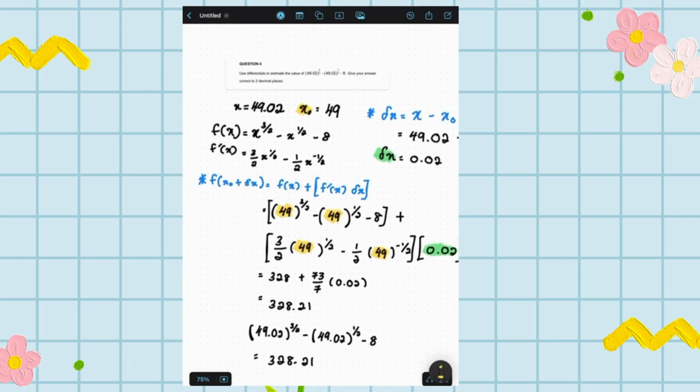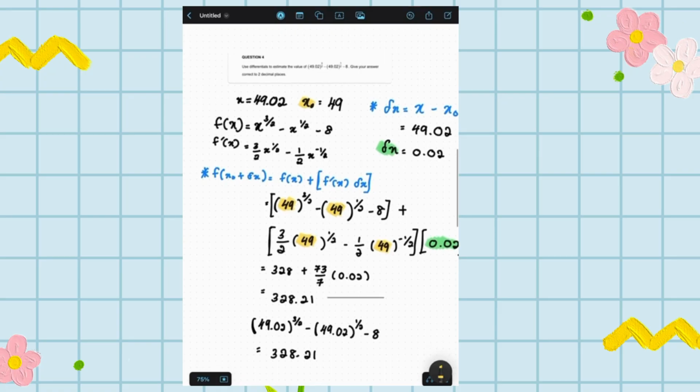From this question, we can get this function, f(x) equals x^(3/2) minus x^(1/2) minus 8.